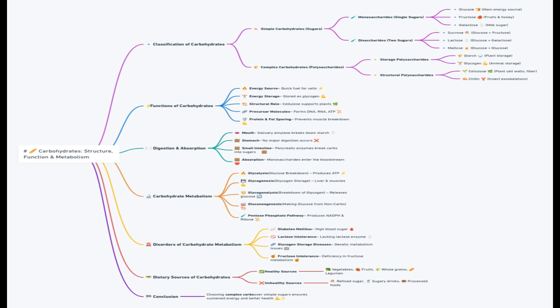The major formula for carbohydrates is CnH2nOn, but then n has to be 3 or more. So the least that we can think of is the triose.